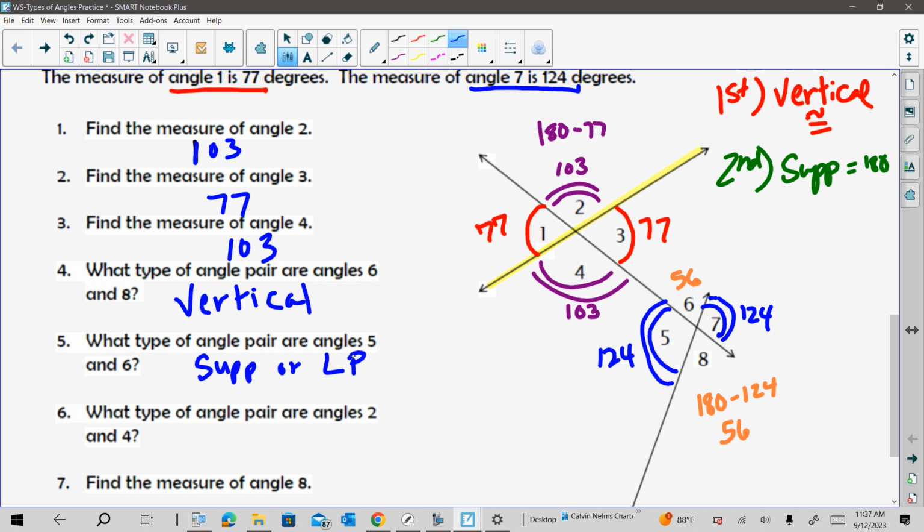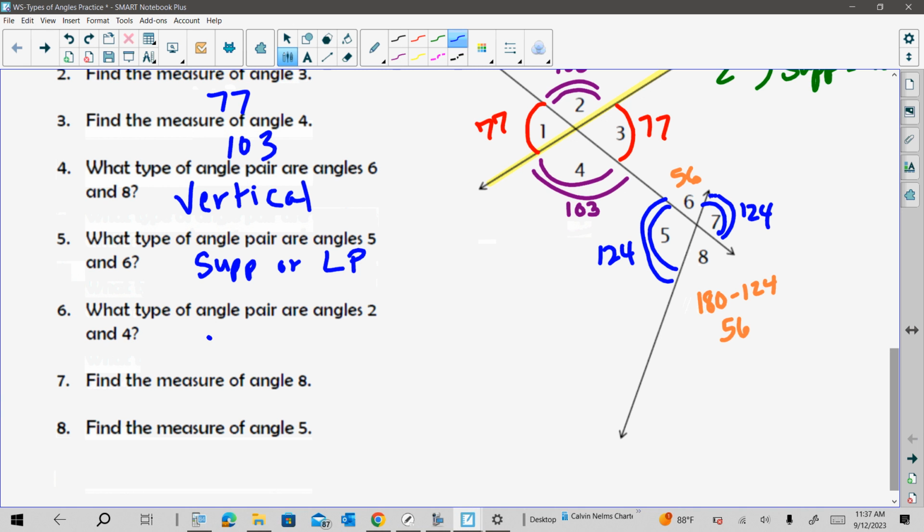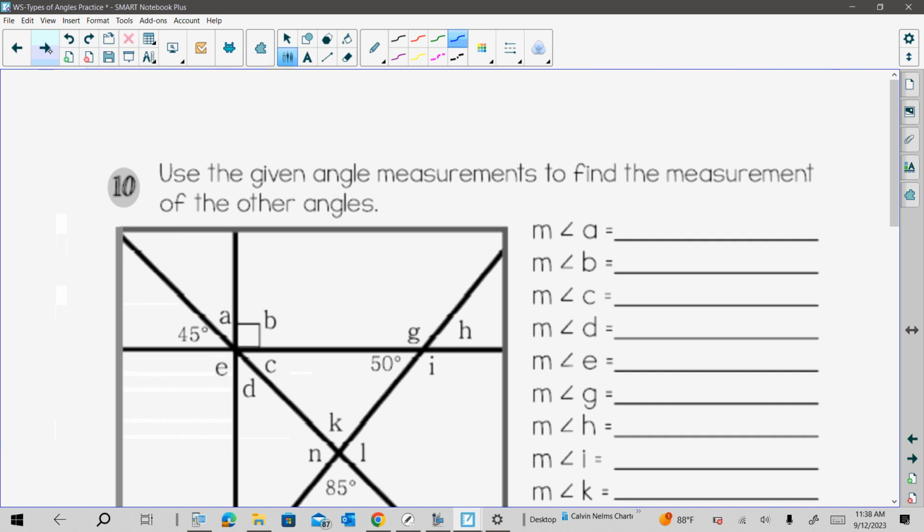Is it 90, is it 180, or is it congruent? All right, what about 2 and 4? Vertical. And then we found the measure of angle 8, 56, and angle 5, 124, because it was vertical to 7.